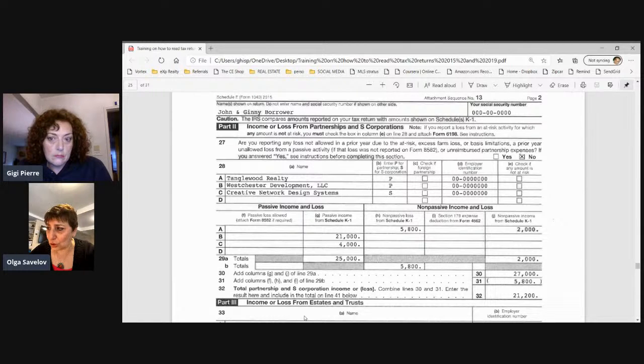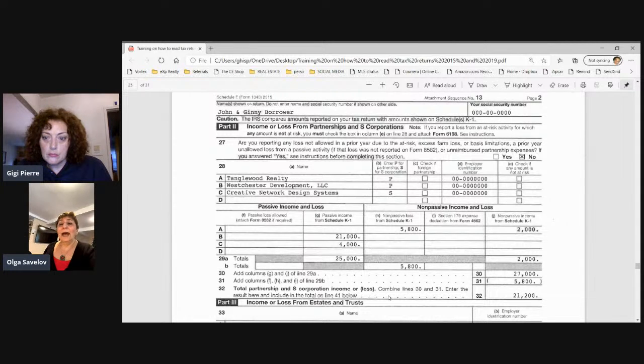Here, the way it's going to show, it has positive 2,000 on line 8. Then at the bottom on line 30, it adds up to 27,000, which is 25 plus 2, minus 5,800. So net gain is 21,200.